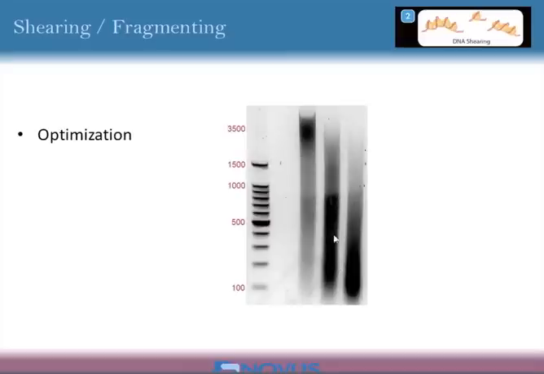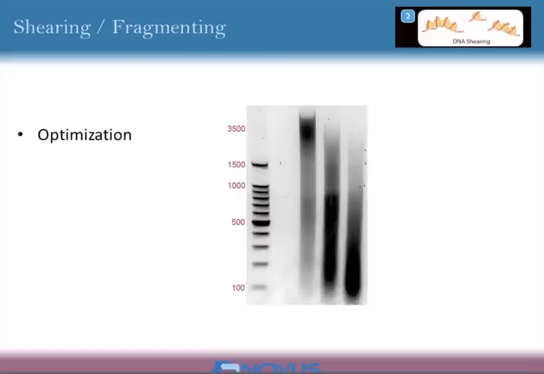And you can see this second lane right here has optimal shearing of the DNA that is right in that range, versus the lane 1 here, most of our DNA is clustered around fragment sizes of about 3,500, and then down here we can see that we have grossly oversheared our DNA, and we have too much between the 100 and 200 base pair range right here.